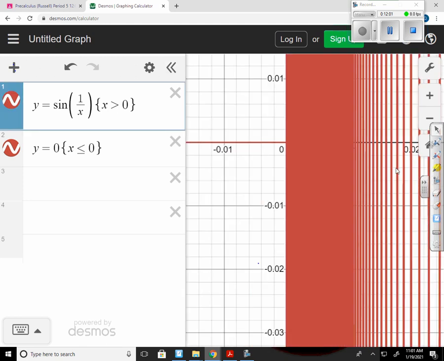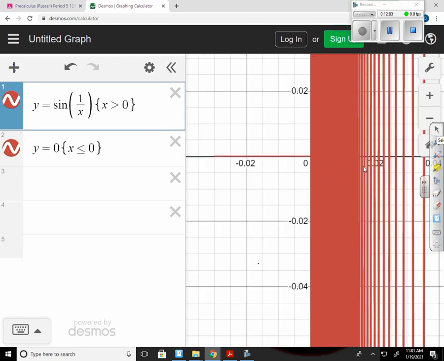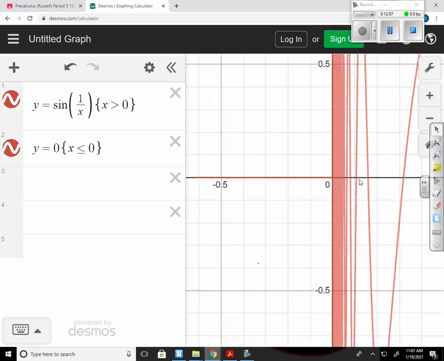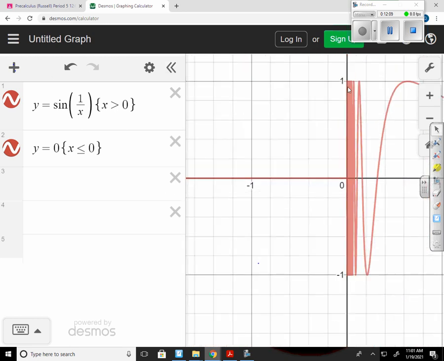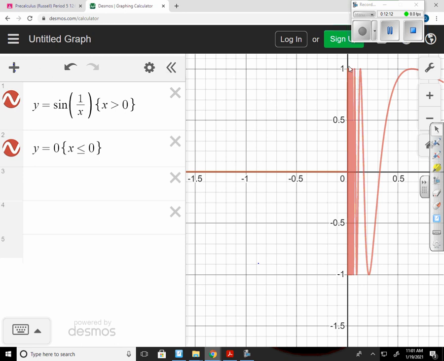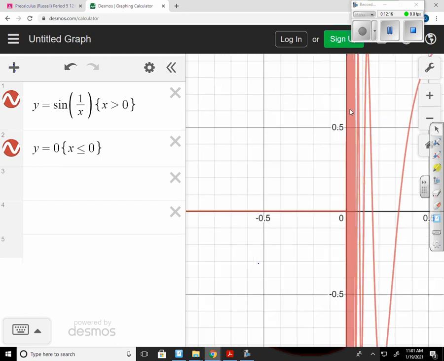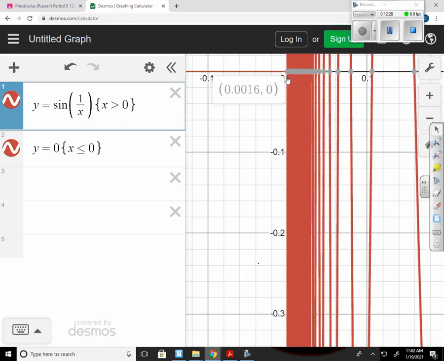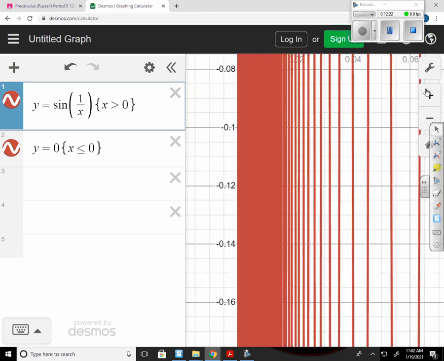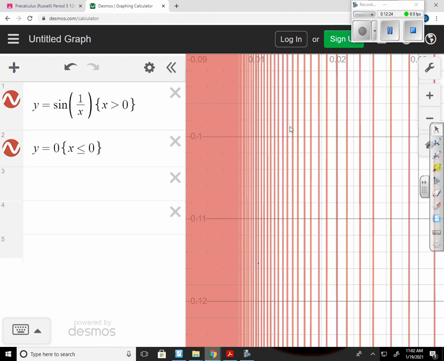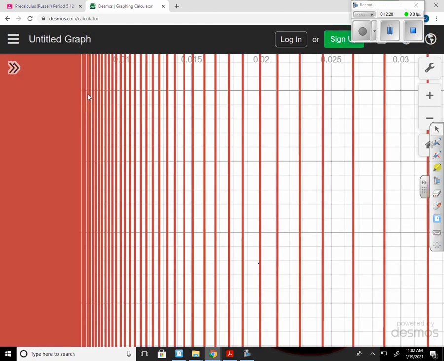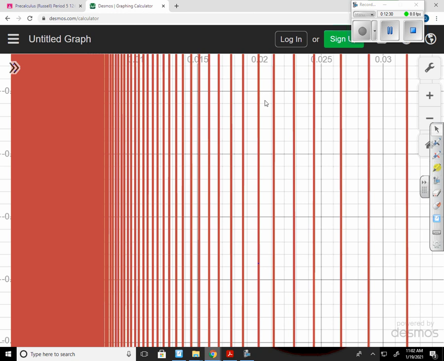And now you'll see that it starts to space out more through here. However, you see that the limit does not exist because it keeps going from 1 to -1 in such a fast fashion that there's no way for me to tell what it's actually at 0. I can zoom in as much as I want, and it's never going to give me a clear vision of what I have.